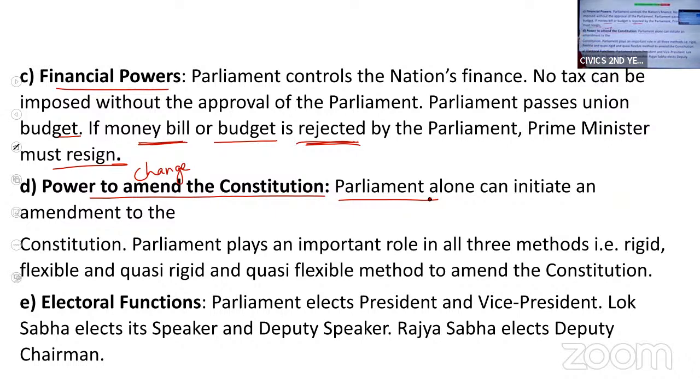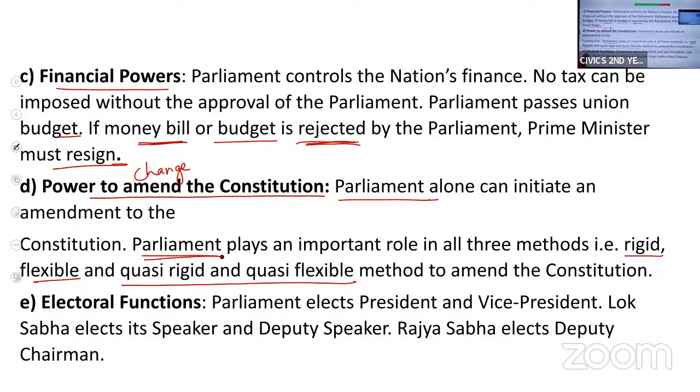That is rigid method, flexible method, and quasi-rigid and quasi-flexible method. In all these 3 methods, the parliament plays an important role. Only parliament can initiate the amendment to the constitution. That means only parliament has the power to make changes in the constitution.